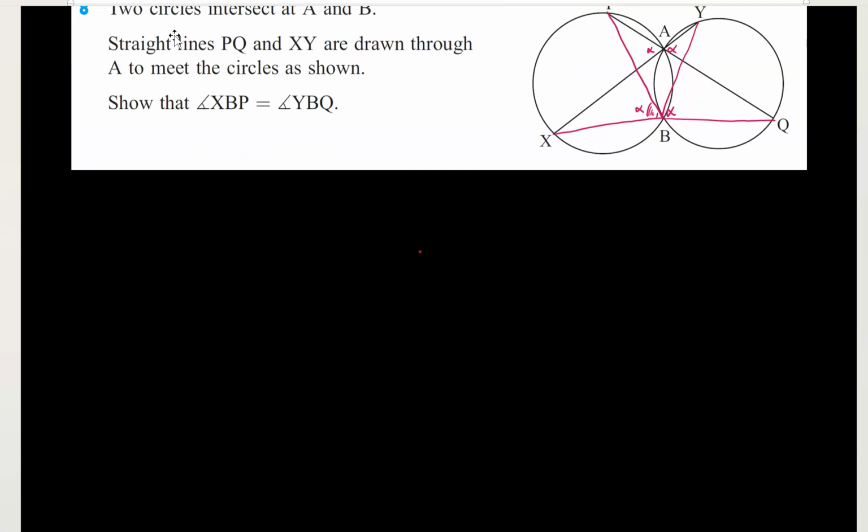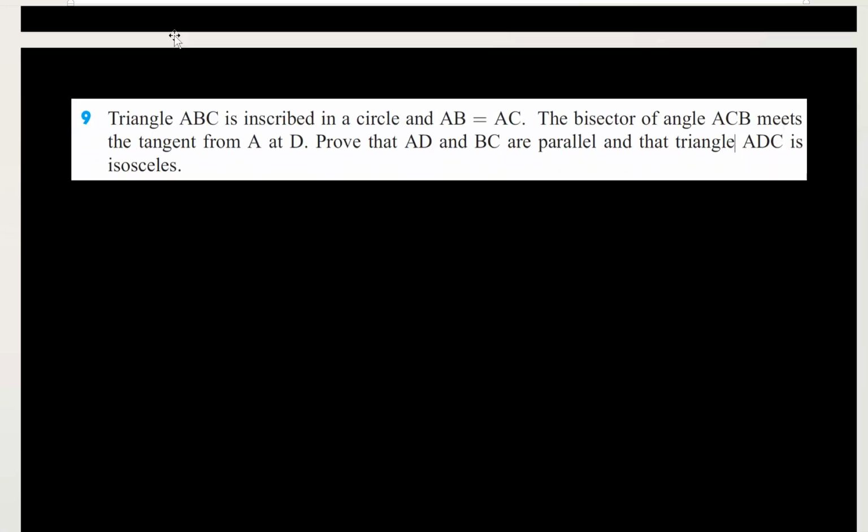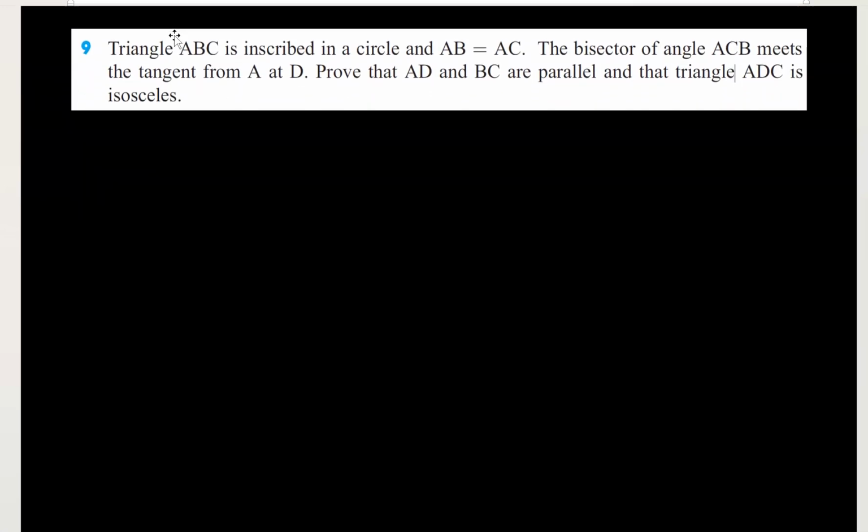All right, let's have a look at now question 9. And again, I didn't say it at the start of question 8, but all of these questions, I'm assuming that you have already had a go. We've got a triangle inscribed in a circle, AB equals AC. So let's draw our circle, a little bit wobbly, but it'll do.